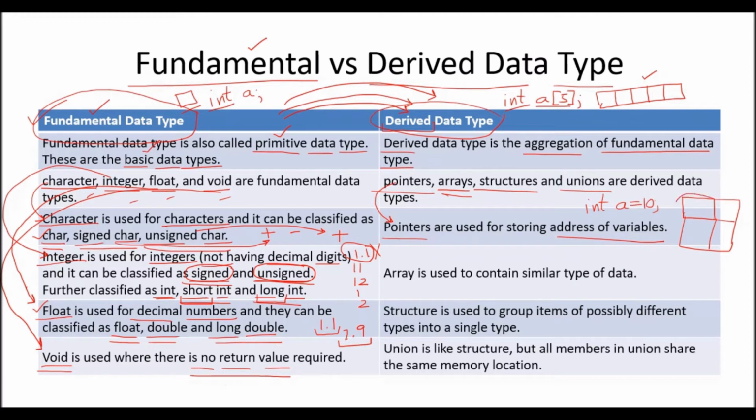Now this one is the memory which is reserved in the system, named a, value is 10, but you know that this memory is having some address. Let us suppose that address is 101, because every memory is having its own address.